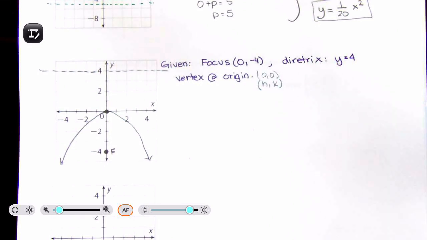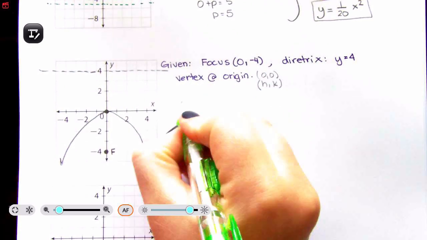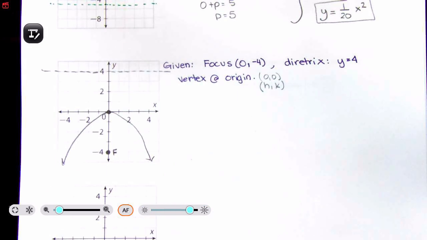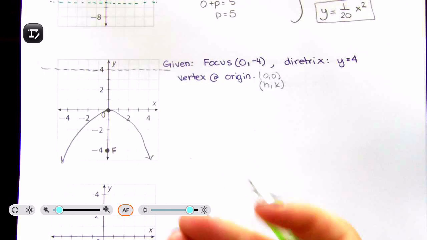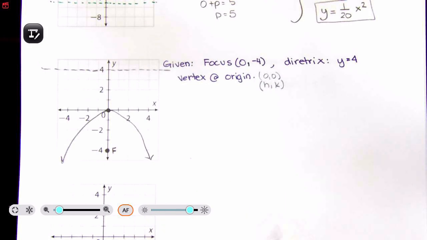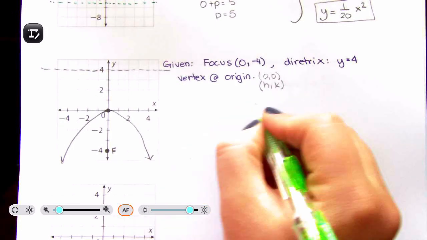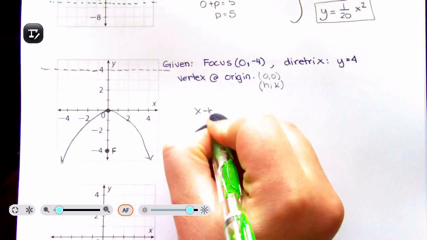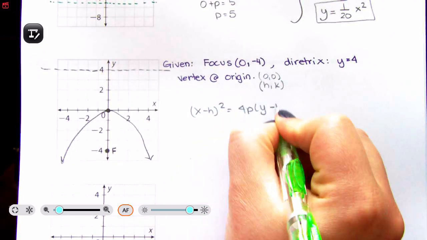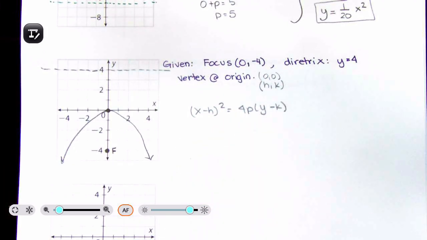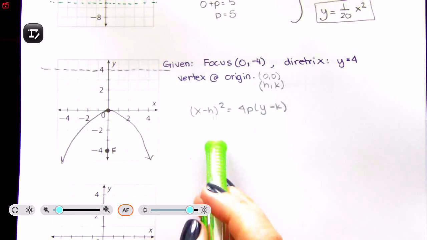All right, so let's go ahead and sketch. I did sketch already. Let's write our equation. Since we're going downward, that's a vertical change, so that means we're having our P next to our Y, because vertical change is the change of the Y. Therefore, P is going to be next to Y, and X is going to be the one that's squared.